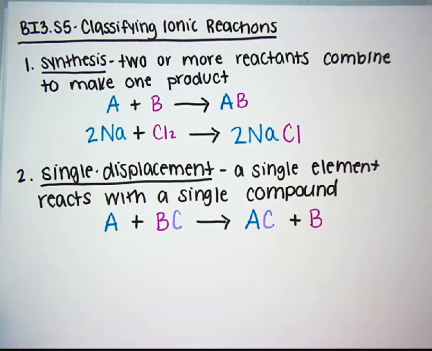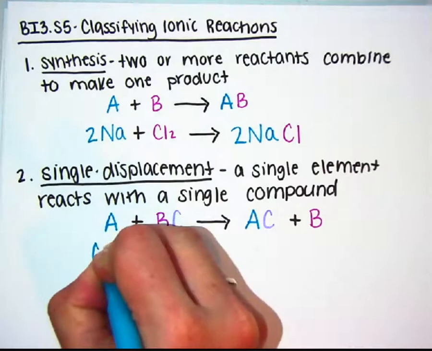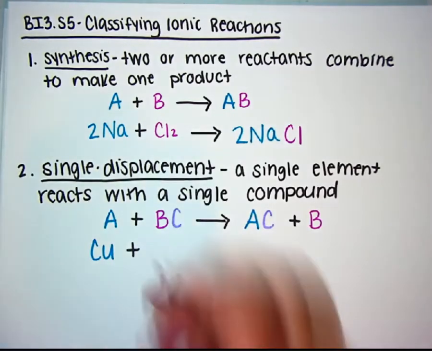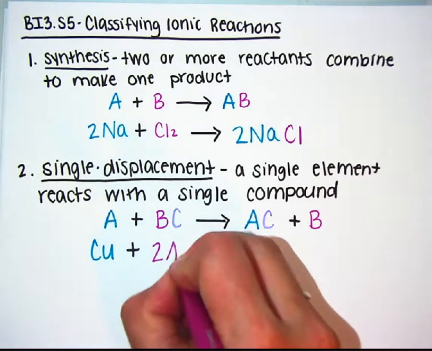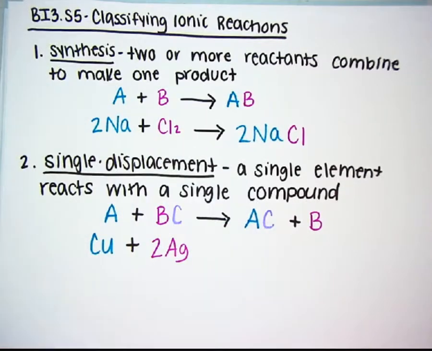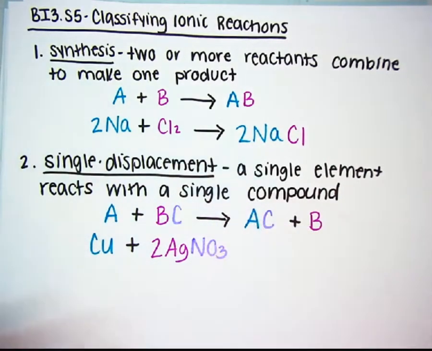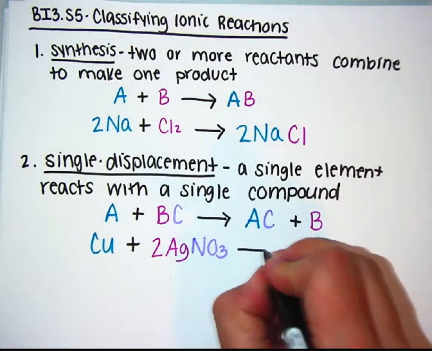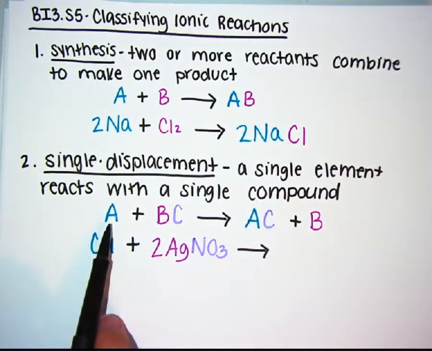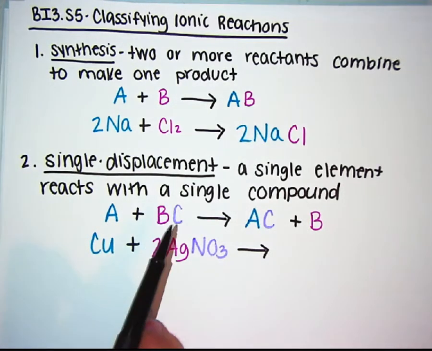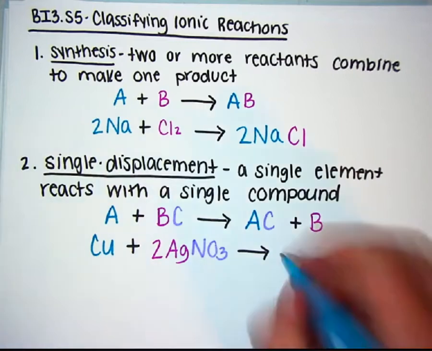Let's look at what this would look like with an actual reaction. Let's say I had the element copper, and it was reacting with the ionic compound silver nitrate. So what happens is copper comes in and it is going to kick out silver, and it's going to bond to nitrate.